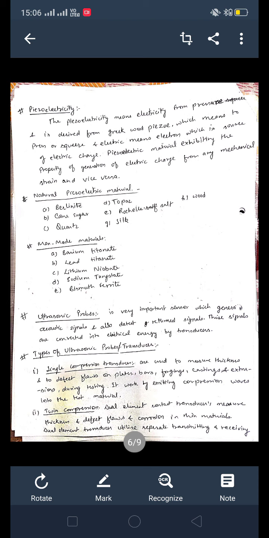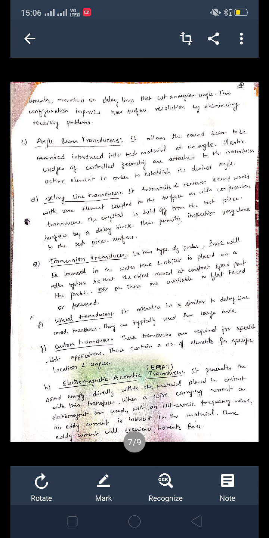Actually, a probe behaves just like a transducer. There are many types of ultrasonic probes or transducers, such as single compression, twin compression, angle beam, delay line, immersion, wheel, custom, and electromagnetic acoustic transducer.